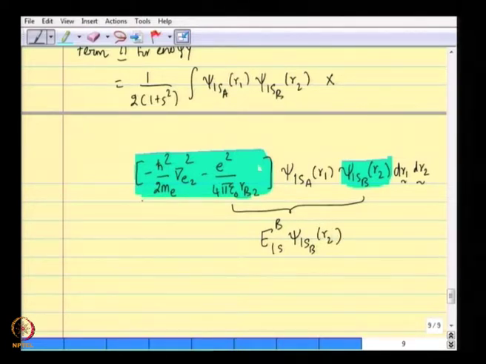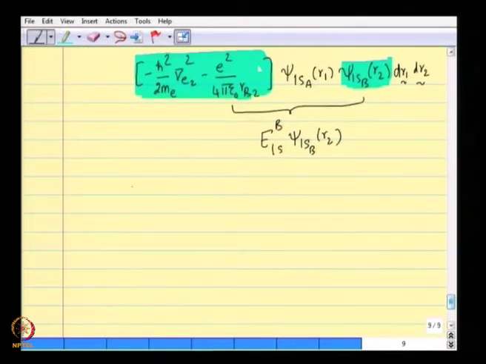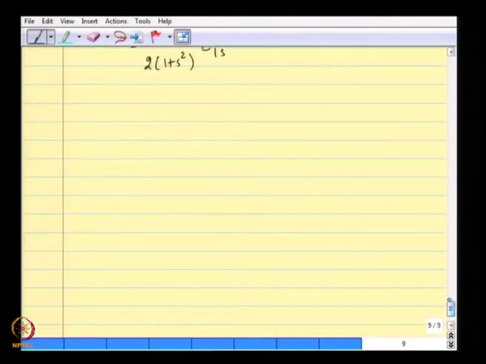And the rest you also know that it is going to be normalization, because once the Hamiltonian's action on the wave function is given by the energy, the wave function is normalized. So, this will also give you exactly the same result that we had, which is 1 by 2 into 1 plus s square E1sB. Okay.